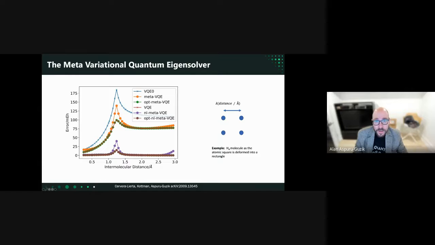So you can see here that the meta VQE, which is not optimized, suffers obviously at this particular region of the wave function that is hard. You could imagine that in many-body systems, when you get close to a phase transition, meta VQE will not really know what to do very well. But anyway, I believe meta VQE will be a tool in the arsenal of people that want to start thinking about wave functions as a function of changing parameters in many-body physics and chemistry.